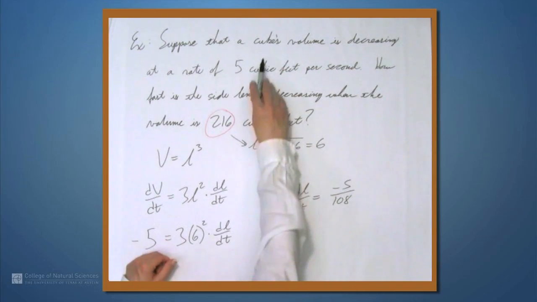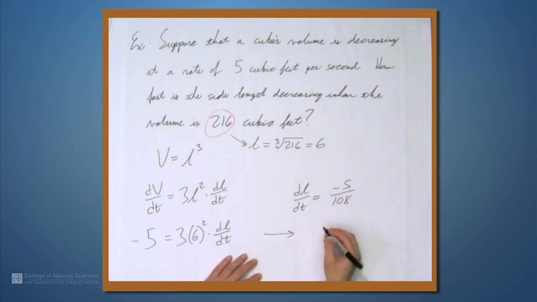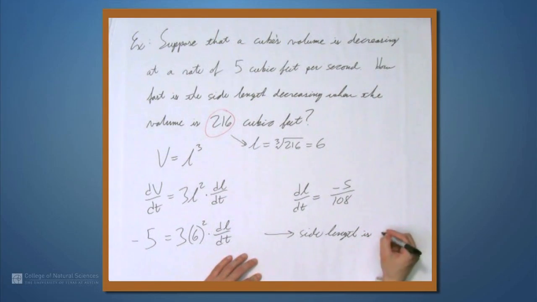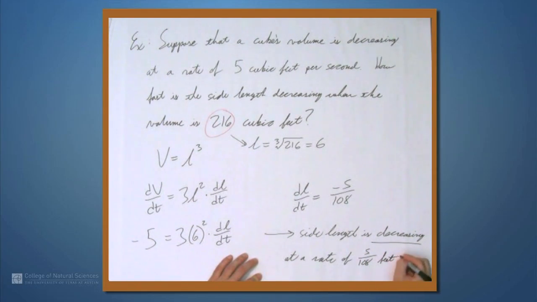Of course, we knew that because of the whole setup: volume is decreasing, so side length must be decreasing. But that's how we interpret this. So the side length is decreasing at a rate of 5 over 108 feet per second. And there are some related rates examples.